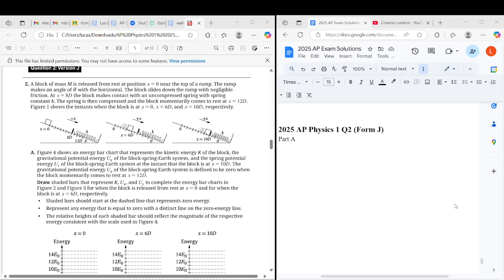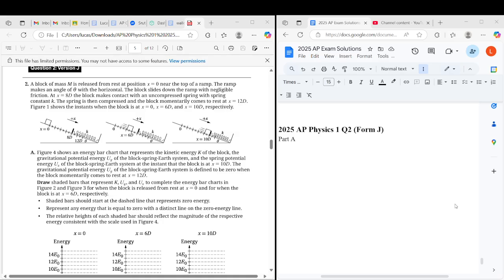I'm filling it out slowly right now for the gravitational, and that leaves us with half of the total energy in kinetic energy here. So we can fill out the rest with kinetic.